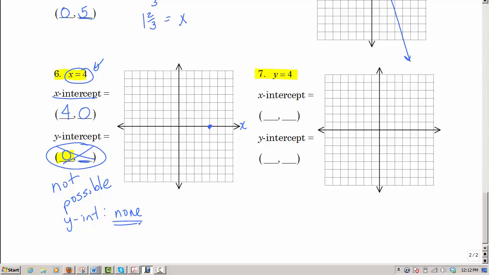None. Well, how do I graph the line? Remember, x is always 4. X must be 4. So if I make some ordered pairs up, x always has to be 4. And what is y? Anything you want.